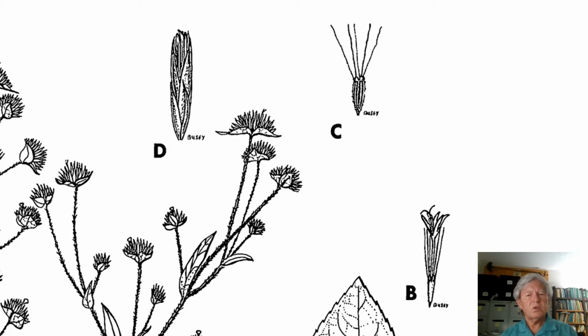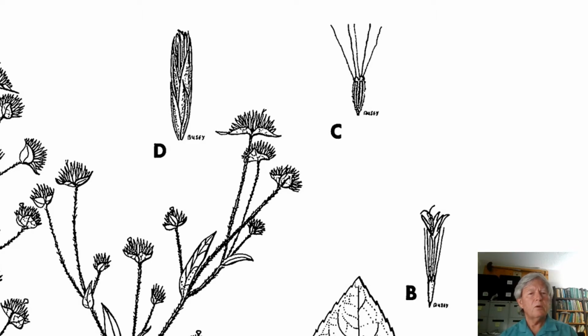So I illustrated the floret, item B in the lower right, of Elephantopus mollis, and I also illustrated the mature fruit, or the achene, which is item C up above, showing that there are stiff bristles for a pappus, and they are fewer than 10, which would be a dividing line between this species and another species.